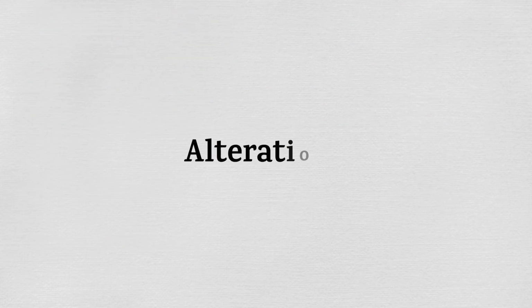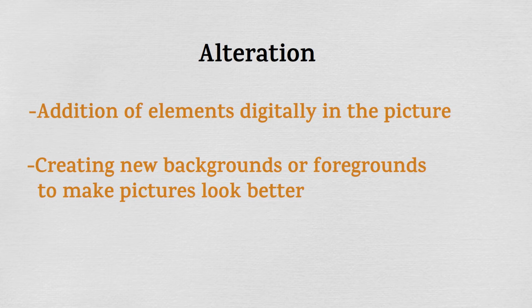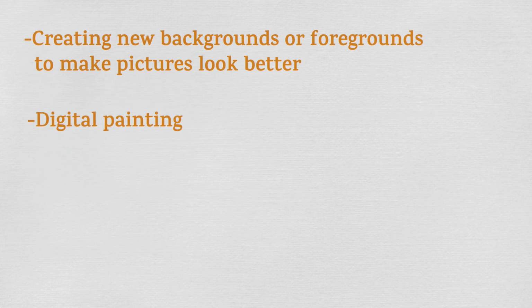The third part of post-processing is alteration. Alteration is addition of elements digitally into the picture, or creating a new background or foreground to make pictures look better, or something we call digital painting. Now, alteration is a process by which you make the picture look like something which was not in reality.